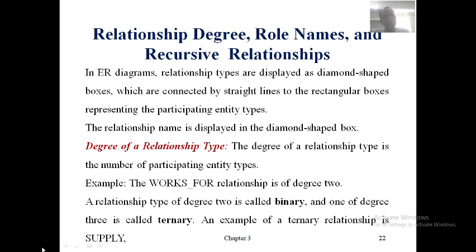In ER diagrams, relationship types are displayed as a diamond shaped box, which is connected by straight lines.